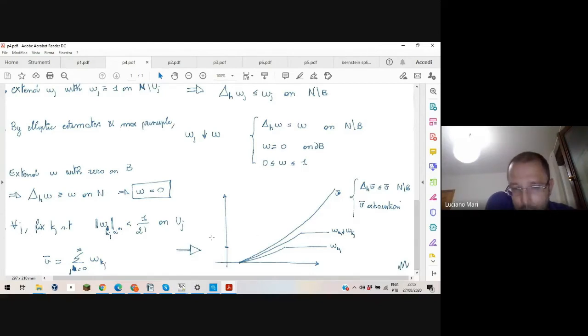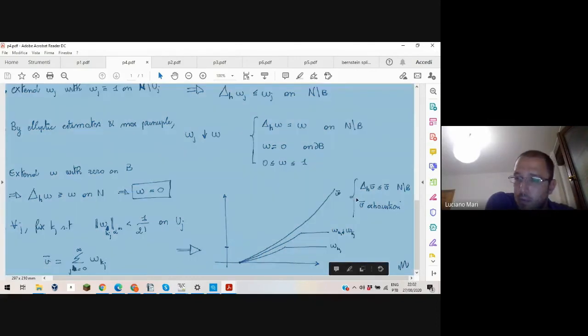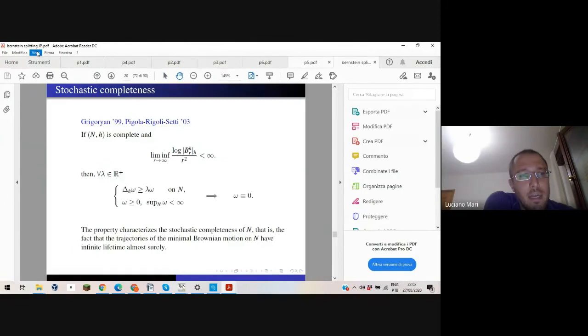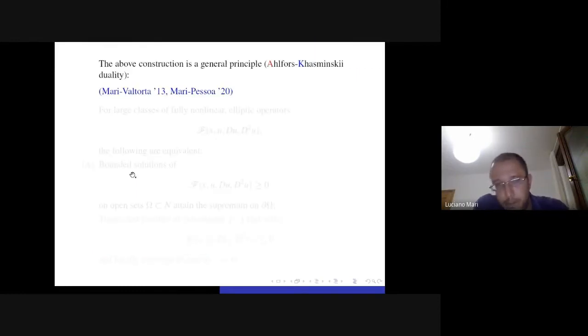So this is not a problem. It's just play with V. That's the way it is constructed. And it's very simple in this case, but the principle is general.